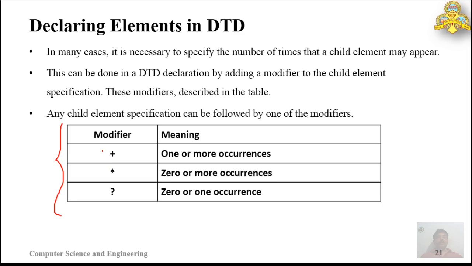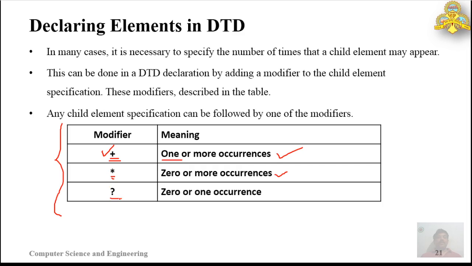If we append the plus symbol with the child element name, then it means one or more occurrences. That means if a plus symbol is used with the declaration of the child element, then at least one occurrence of the child node is required. If an asterisk is used with the declaration of the child element, there may be 0 or 1 or many occurrences of the child node.